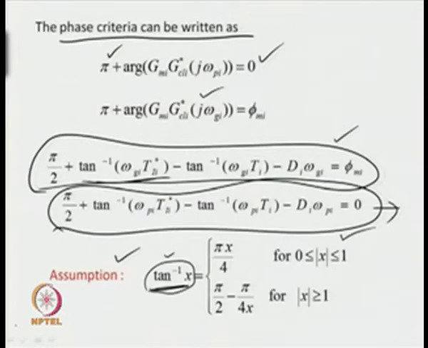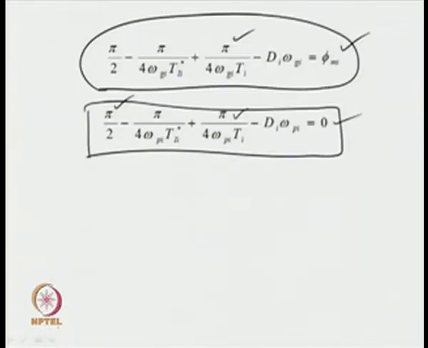So, the two equations we get from the phase criteria with the help of the arctan function, tan inverse function, give us these two equations.